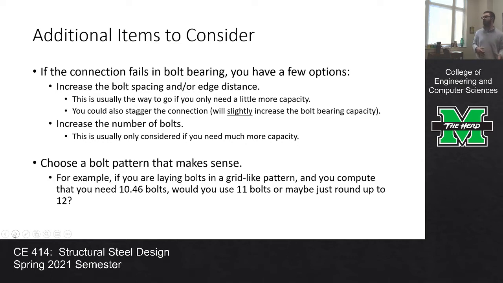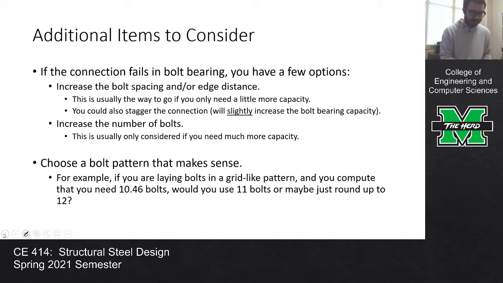If you compute your bolt bearing capacity and it's like 196, so it's just not enough, the way I would fix that, if I'm using 2-inch bolt spacing, is to go with 2 1/4-inch bolt spacing. Let's just up the bolt spacing a little bit, or up the edge distance just a little bit. If you're increasing your bolt spacing and your edge distance, that's going to increase the bolt bearing capacity.